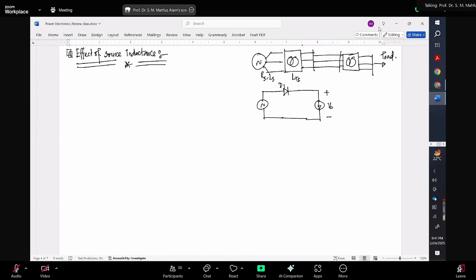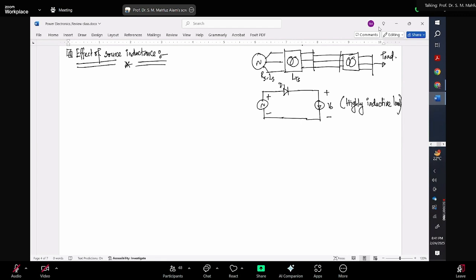Can anybody tell? When we have a highly inductive load, right? So suppose this is our circuit, a half wave rectifier circuit with a constant current being drawn by a highly inductive load.